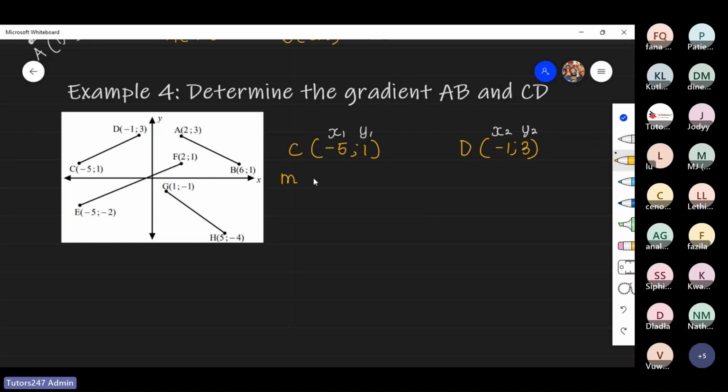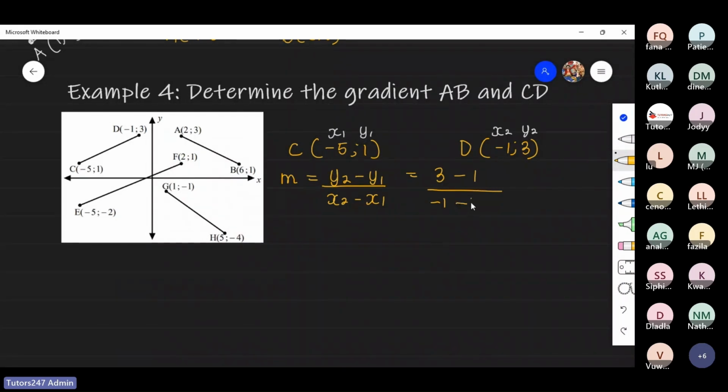So my formula is gradient equals y2 minus y1 over x2 minus x1. I can substitute. So y2 is going to be 3, y1 is going to be 1. In my denominator area, I've got x2, which is -1, and I've got x1, which is -5.